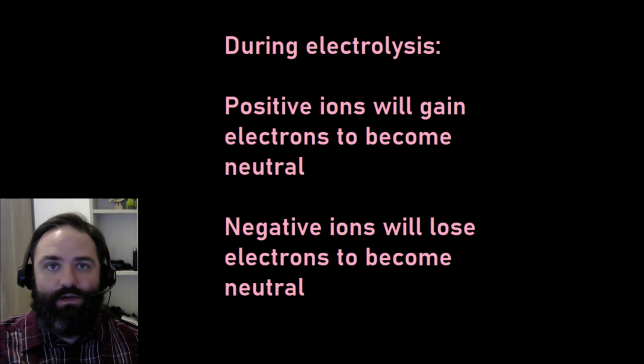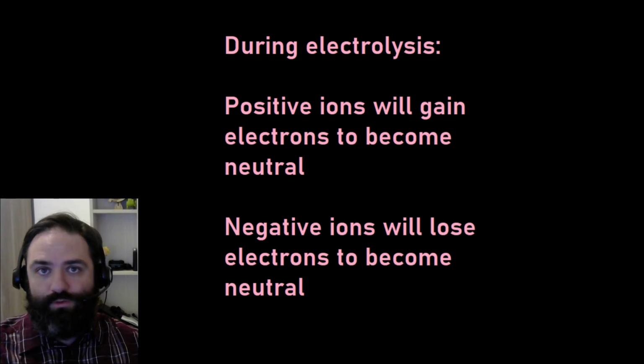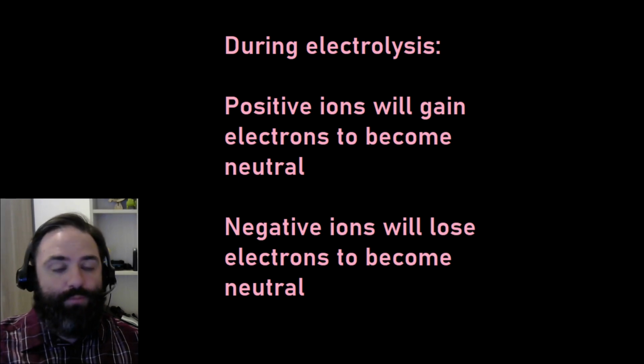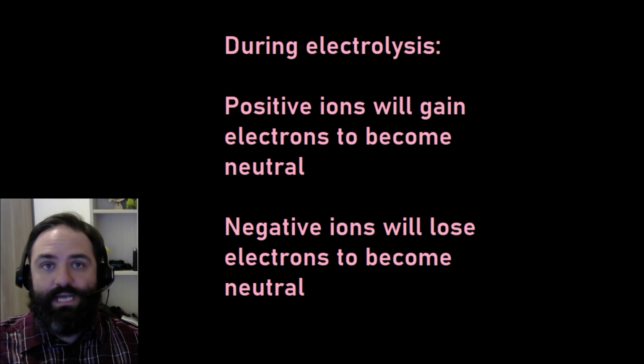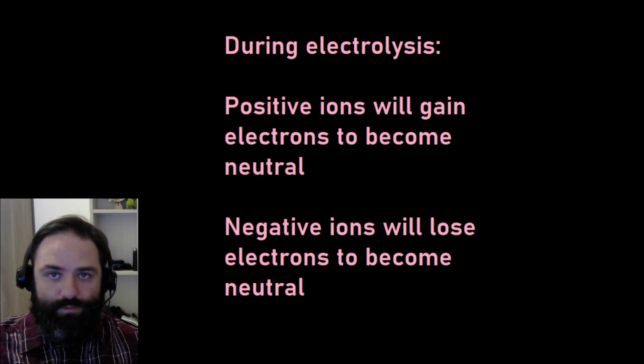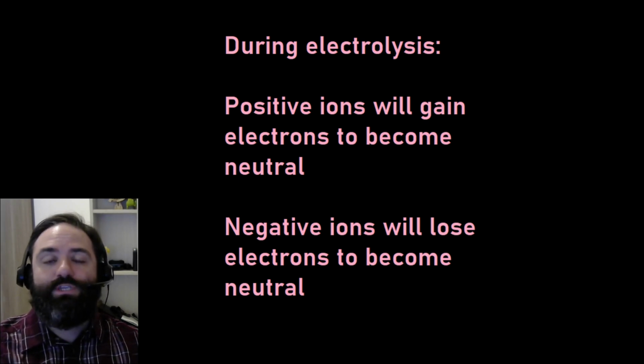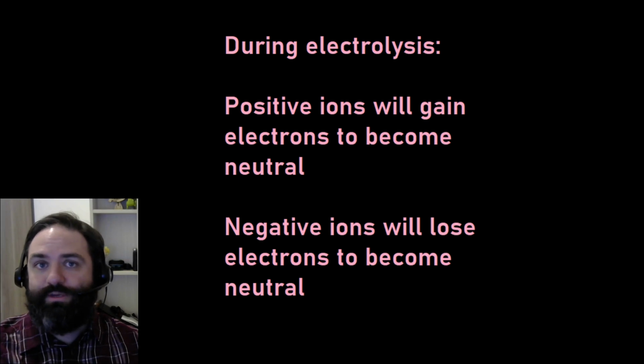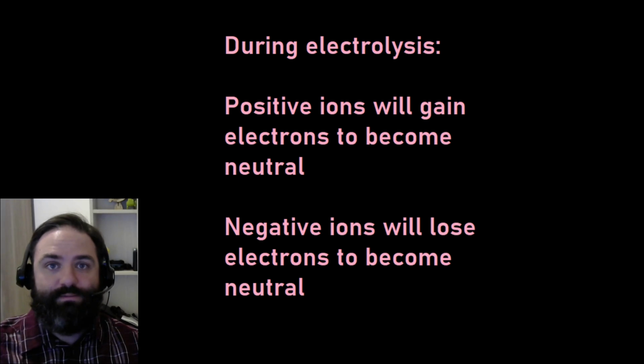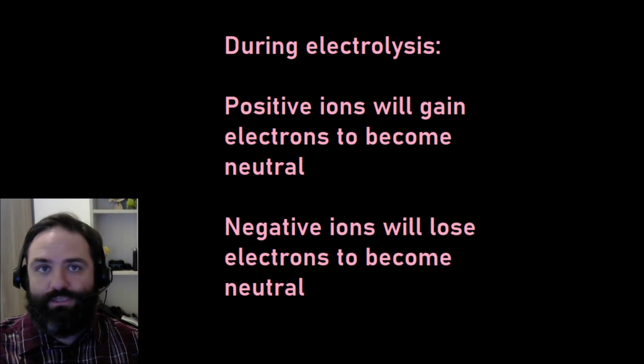So negative ions during electrolysis will lose electrons to become neutral. Positive ions, when they reach the cathode, where they are going to become an atom, are going to gain electrons to become neutral. The number of electrons gained or lost is the same as their charge. 2 minus is going to lose 2. 2 plus is going to gain 2.